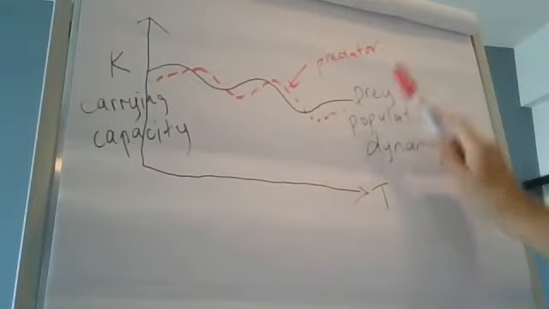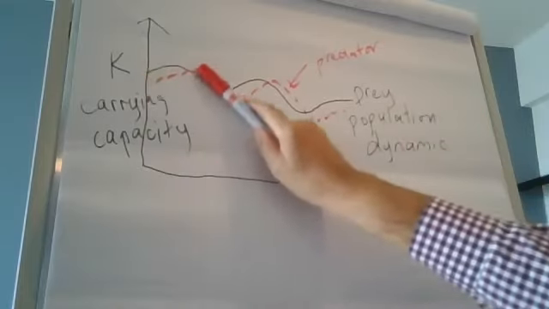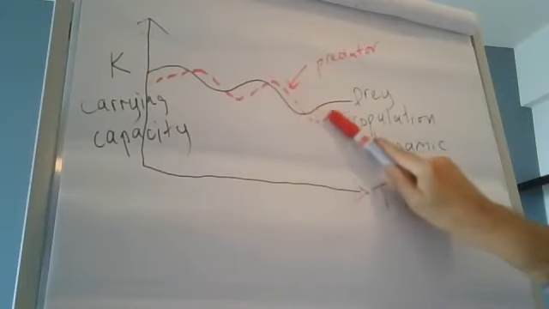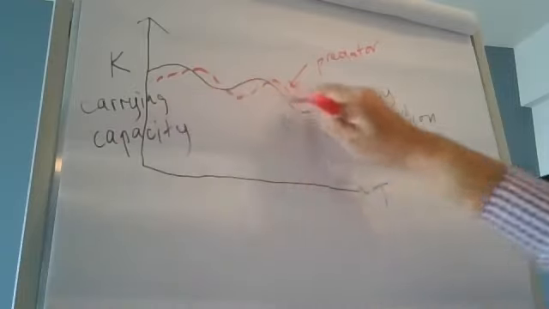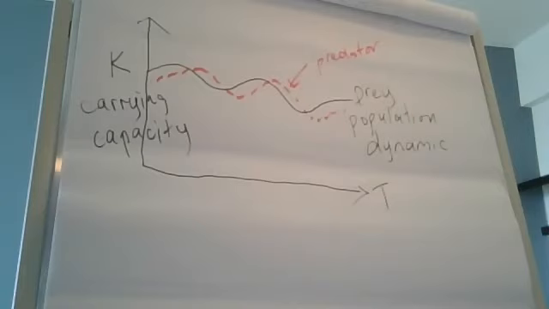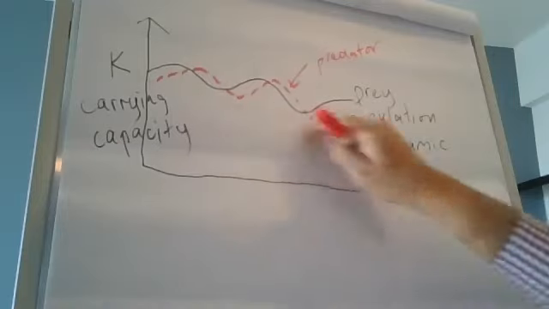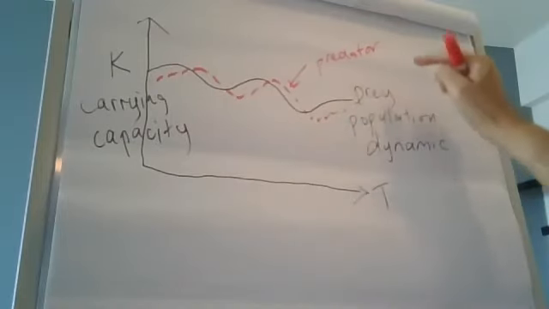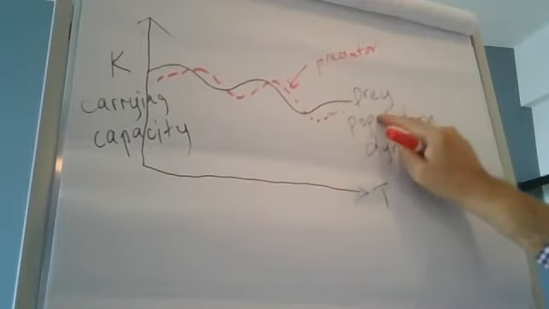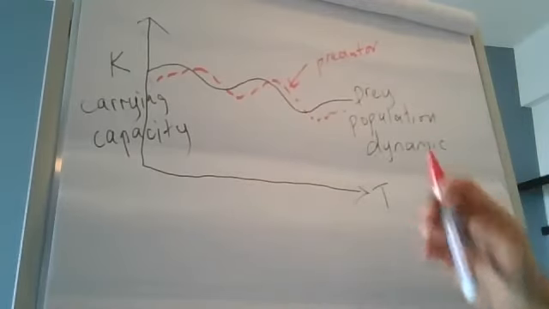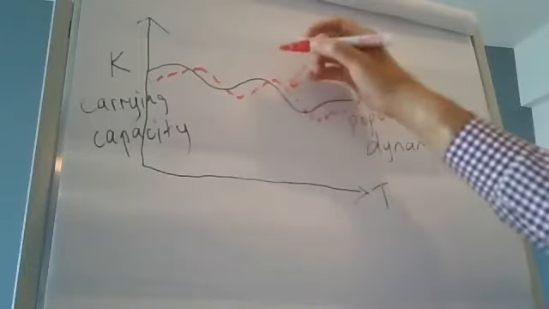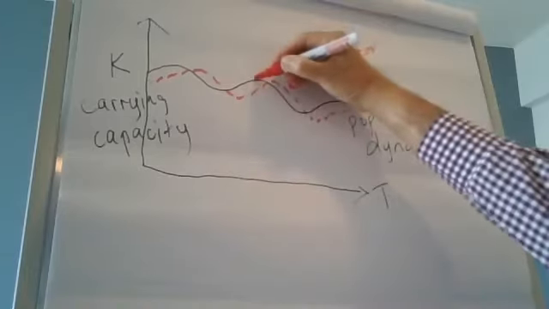And the predator population dynamics actually follows closely the population dynamic of the prey. And in so doing, it helps to cap the carrying capacity of the prey population. Dia boleh menghadkan, kehadiran pemangsa akan menghadkan bilangan ataupun saiz populasi mangsa. Otherwise, the K value of the prey will be much higher.